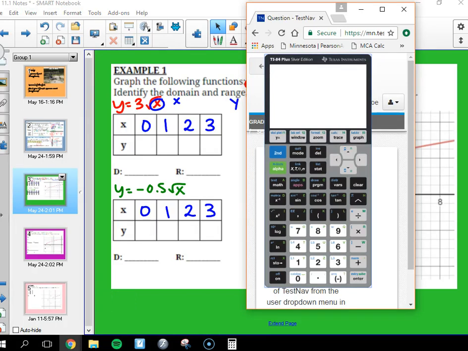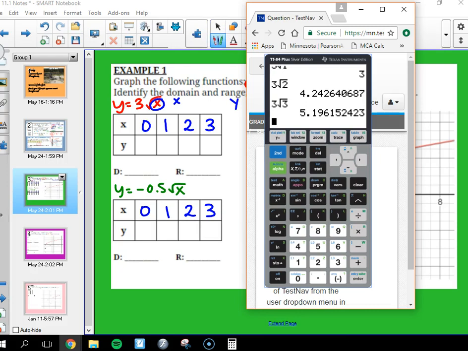So if we pull up our calculator, we're doing 3 times the square root of 0. We get 0. 3 times the square root of 1, we get 3. 3 times the square root of 2, we get 4.24. And then 3 times the square root of 3, 5.196.